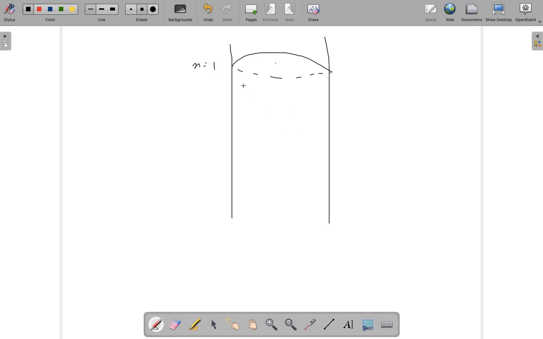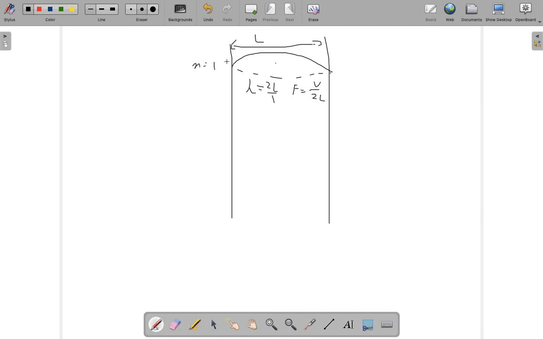Now in this case, let's say the length of this is equal to L. This length here is equal to L. So the wavelength of this wave is going to be equal to 2L over 1. And the frequency is going to be equal to the velocity over 2L.